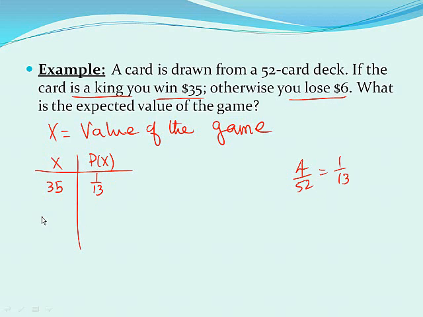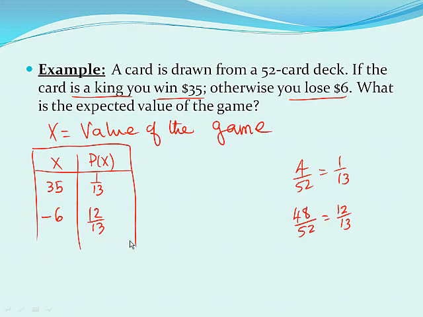So the value of x will be -6 with a probability. If you take your 4 kings, there will be 48 cards left. 48 out of 52 will be the probability. That will come out to be 12 divided by 13. So that is the table describing the probability distribution.